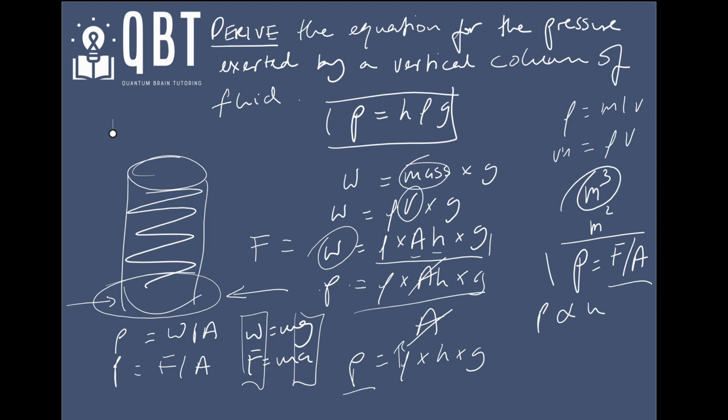But we can also assume, right, from this part of our calculation, that the pressure does not depend on the cross-sectional area, okay, of the vertical column, okay? So those are some assumptions that we can make. Okay, and that's how we derive our equation.